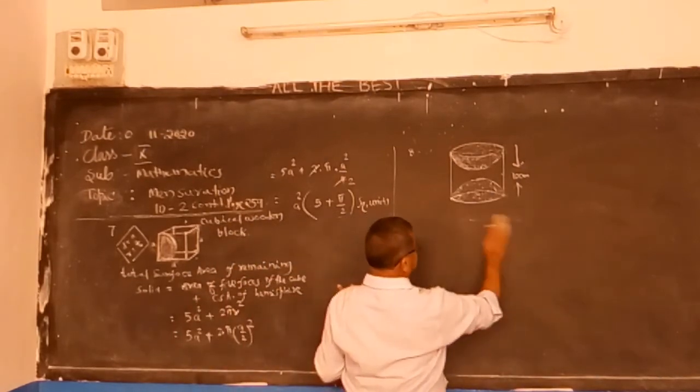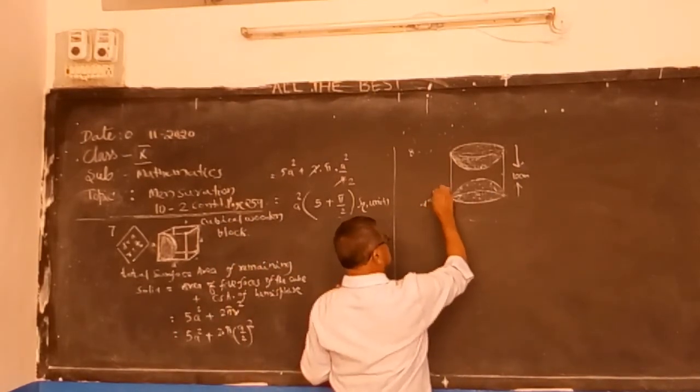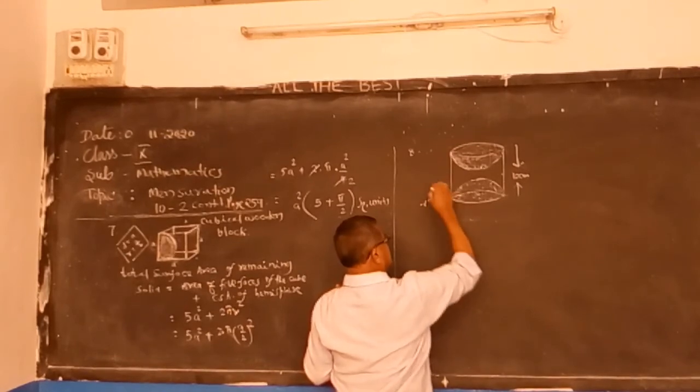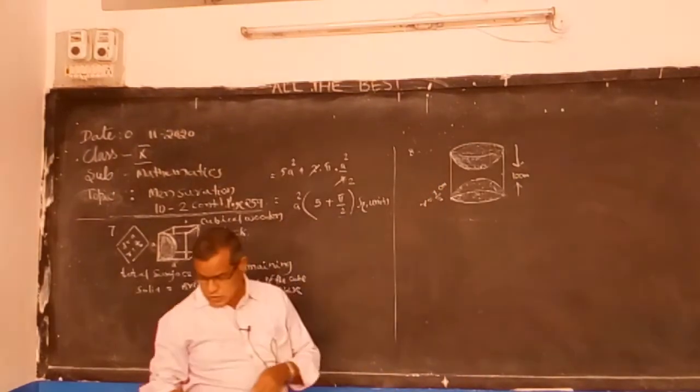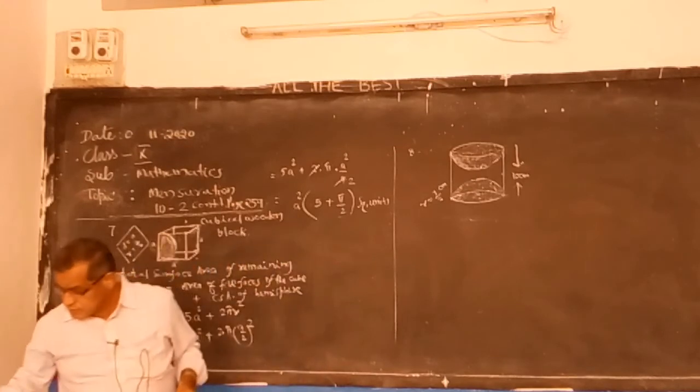These are the measurements. r is equal to 7 by 2 centimeters. Let us find it.